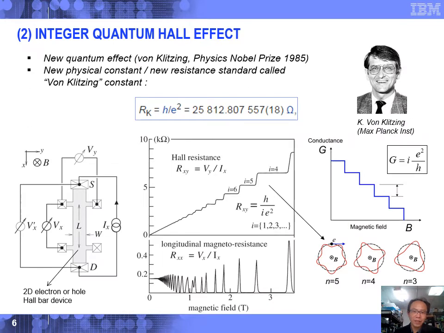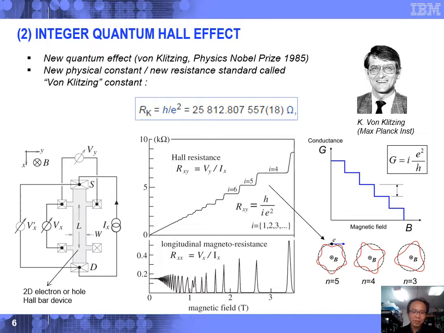So in recent decades, the Hall effect also served as a fundamental basis for advances in physics. Specifically in the 1980s, von Klitzing discovered the integer quantum Hall effect, which you can do in a two-dimensional electron Hall device.